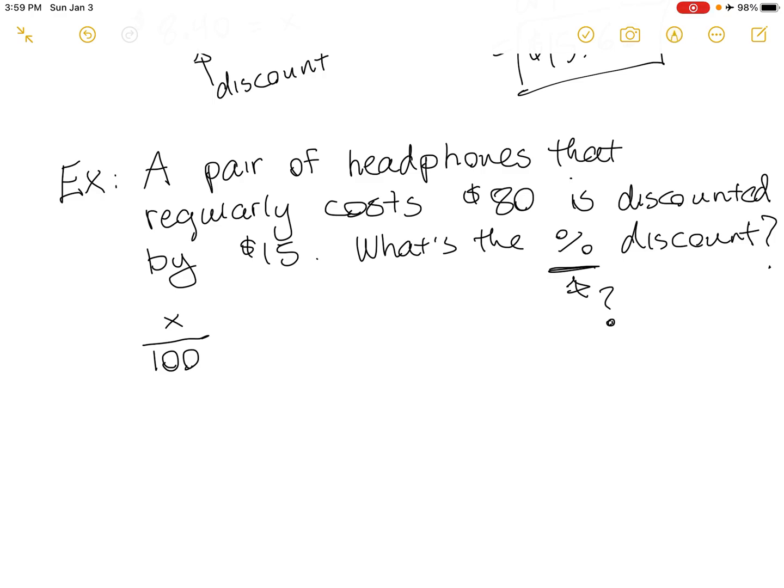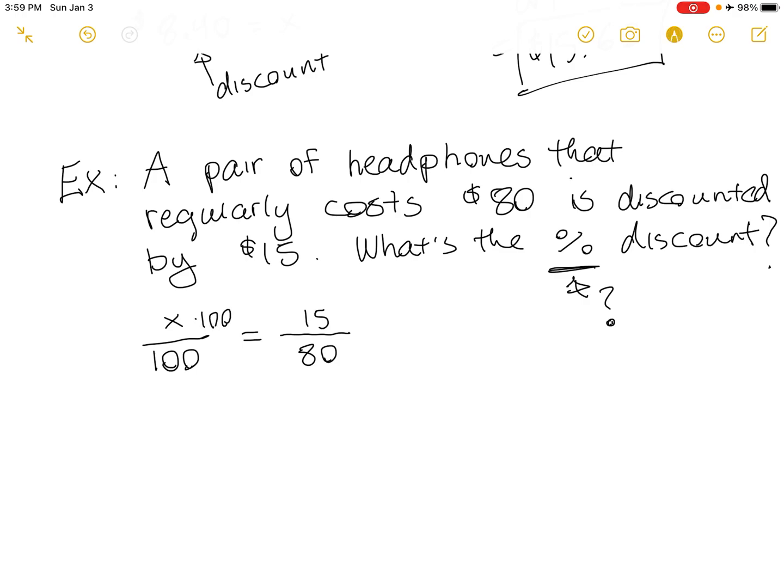So one side of the equation is going to be x over 100. The other side is going to be the total in this case, which is the 80 because that's what they normally sell for. What's the discount? It's $15. How would I solve for x?